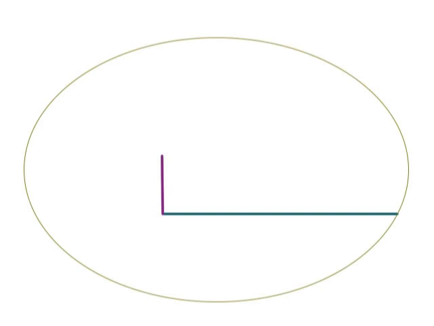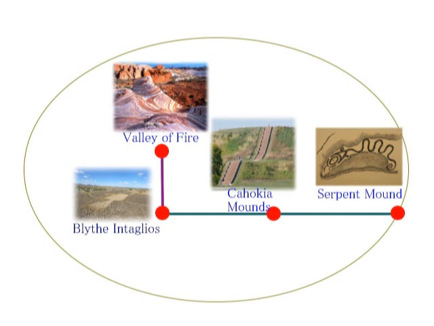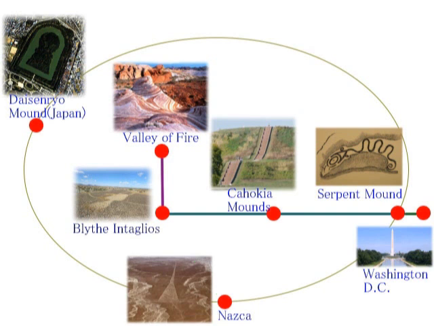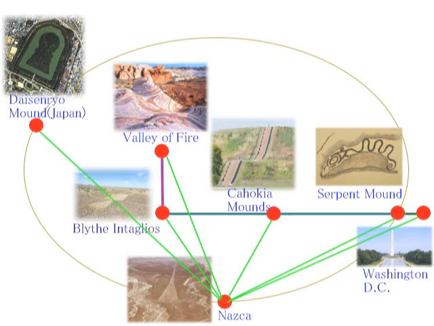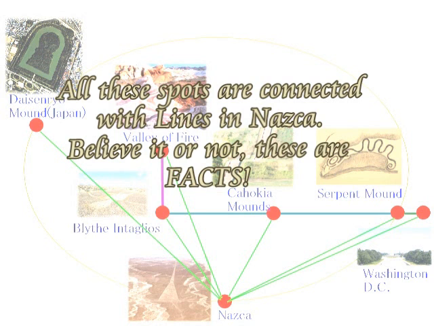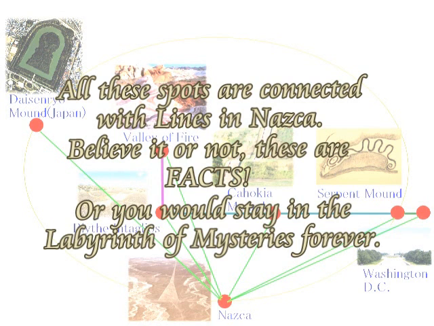So these are connected to each other in some way in ancient times. Back again to this chart, and these 6 places meet together in Nazca, which indicates they are closely connected in some way. For example, Cahokia Mound and the Daisenryo Mound were constructed in the same concept, in the same way, for the same purpose, I suppose.